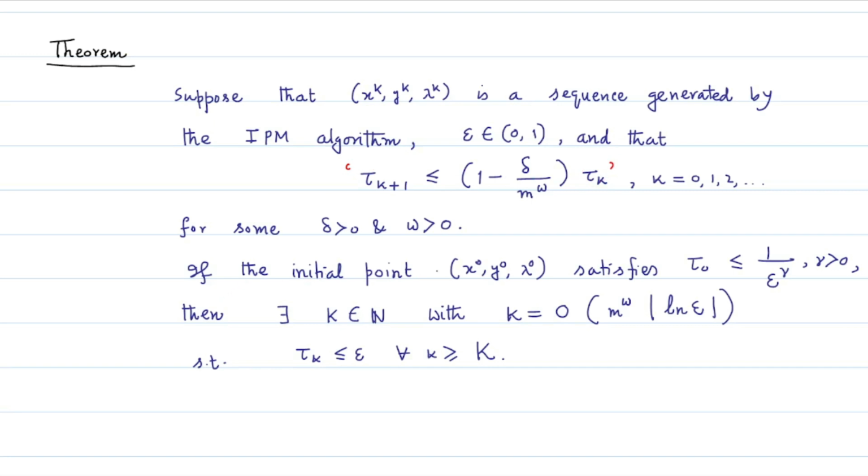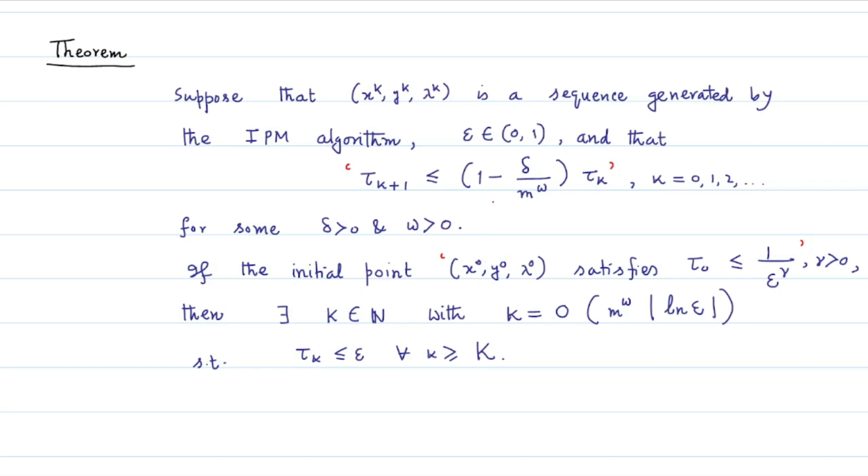And now this particular thing, that the initial point satisfies this, is a bit crucial, that you have to choose a point for which this is satisfied. But here you notice that this right hand side is a very big quantity, because if you choose epsilon very small, then 1 by sigma to the power some number is a very big quantity. So this condition is not a very crucial condition.